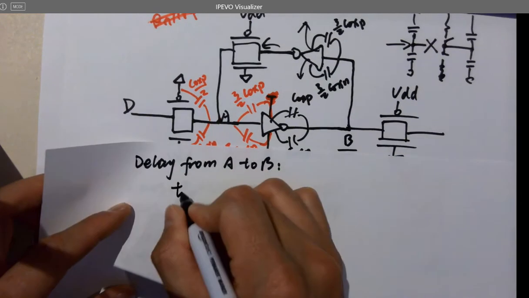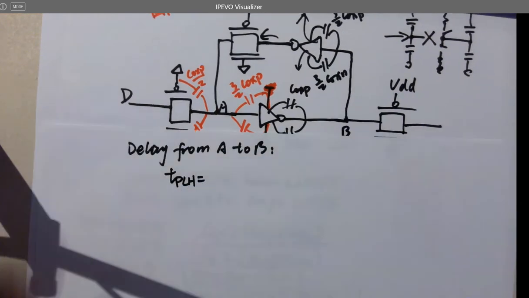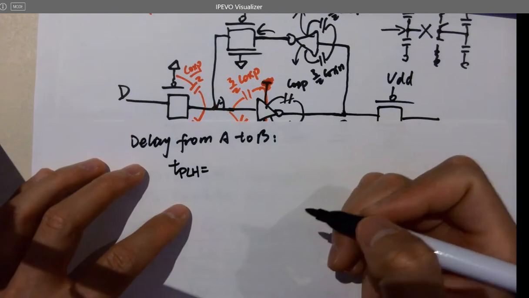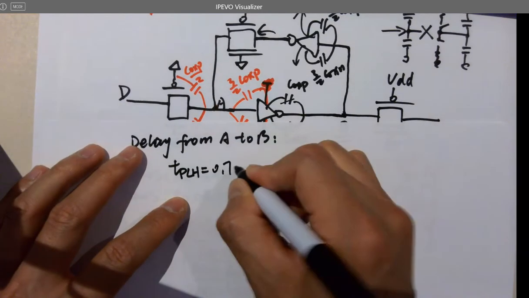So TPLH equals 0.7 times what? Times CB.